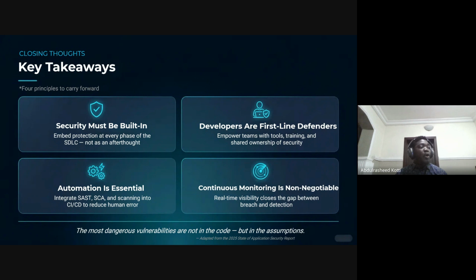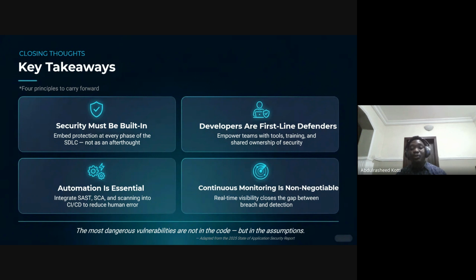Next is automation is essential. Manual work is never enough. People can forget or make mistakes. Automation helps by doing checks all of the time and catching issues early. And lastly is monitoring is non-negotiable.